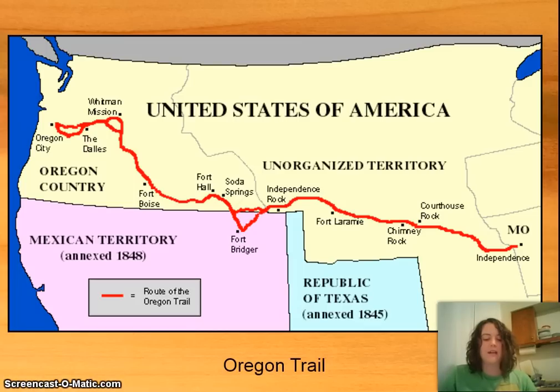And this act allowed adult males that never raised a weapon against the government to purchase approximately 160 acres of land for a very cheap price. The person then had to move onto the land and live there for about 5 years. And many people left the eastern part of the United States and traveled all the way west so that they had a chance to start this new life out there.